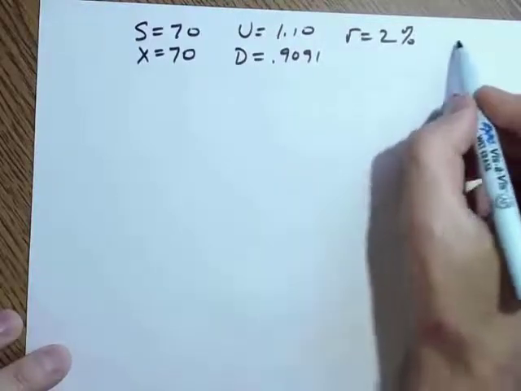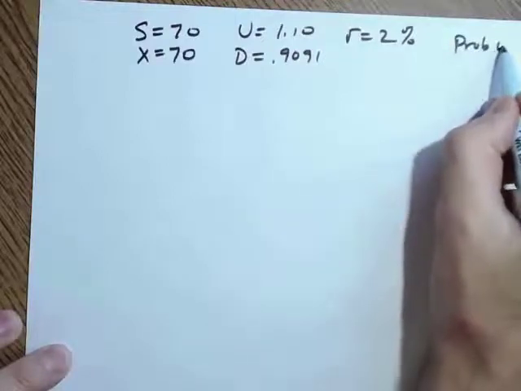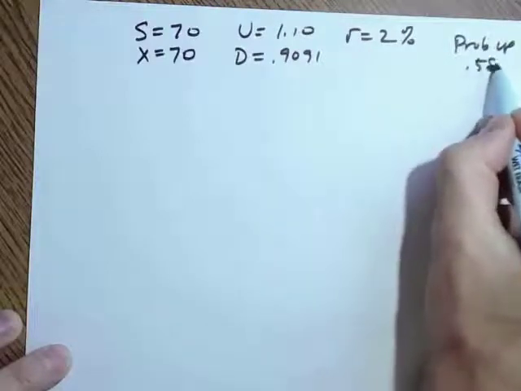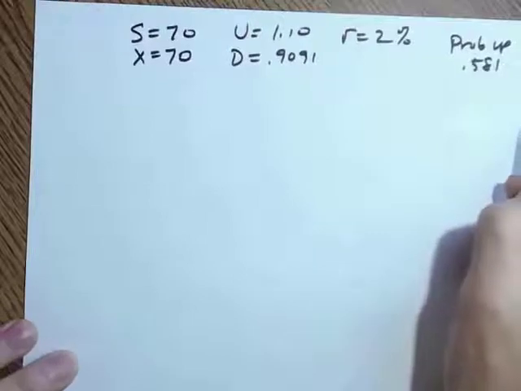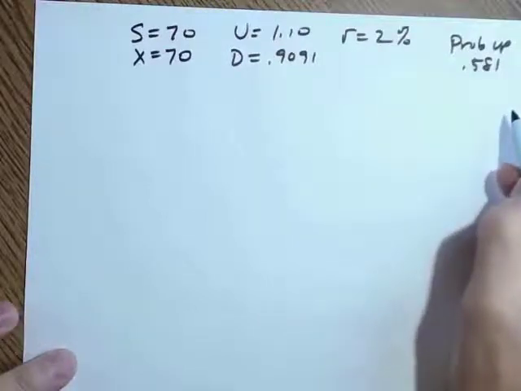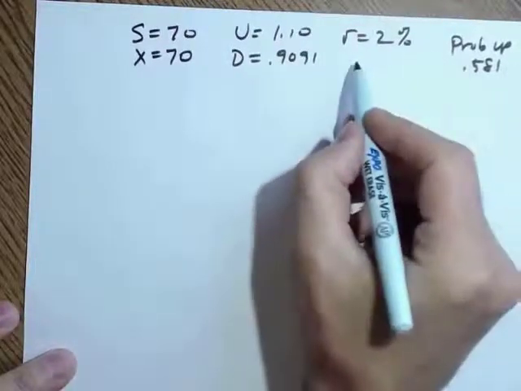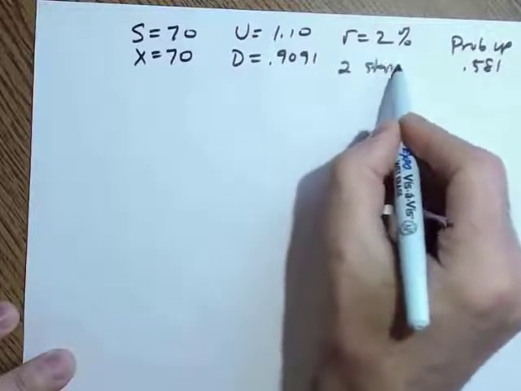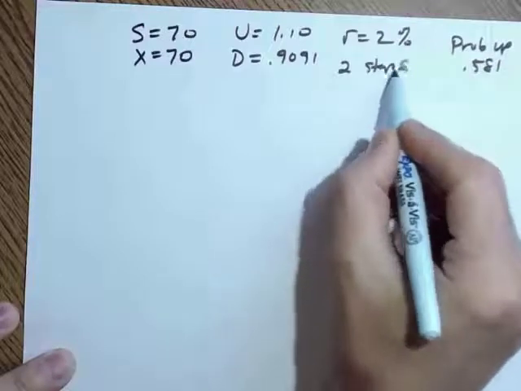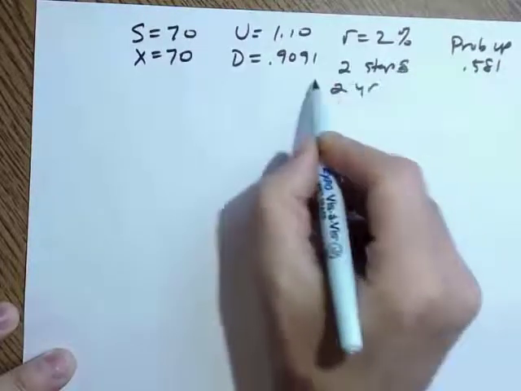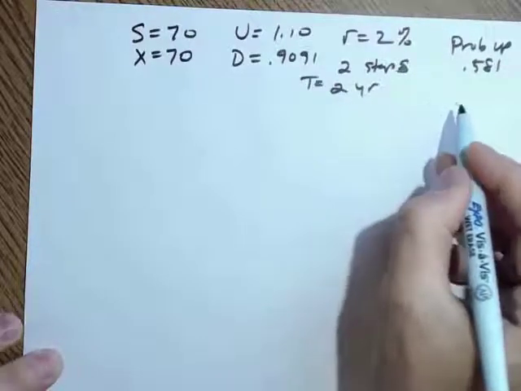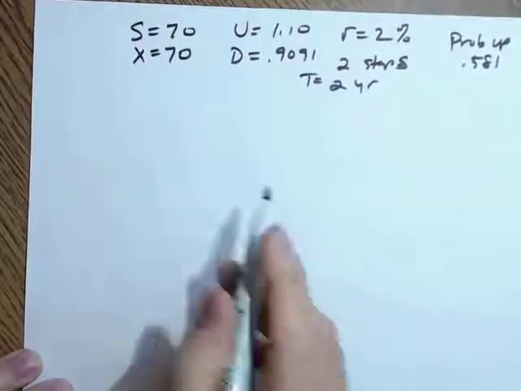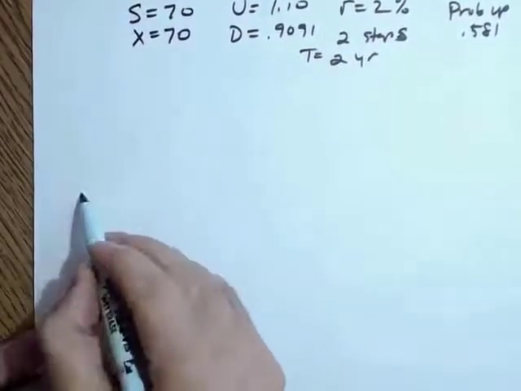The probability of an up move will be 58.1%. The probability of going down will be 0.419. It's going to be 2 steps, a 2-year option. T is 2 years, so it's 1 step per year. The lattice will look like this.